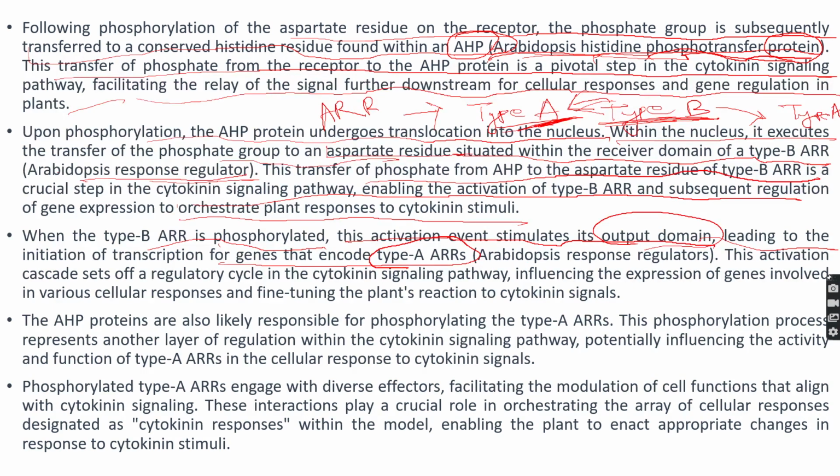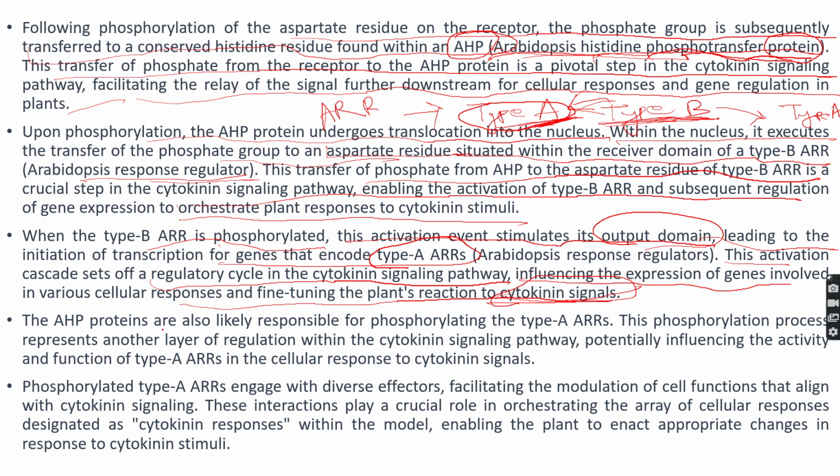This activation cascade sets off a regulatory cycle in the cytokinin signaling pathway, influencing the expression of genes involved in various responses and fine-tuning the plant's reaction to cytokinin signal. So ultimately, this type A ARR is showing the cytokinin signaling or cytokinin response.